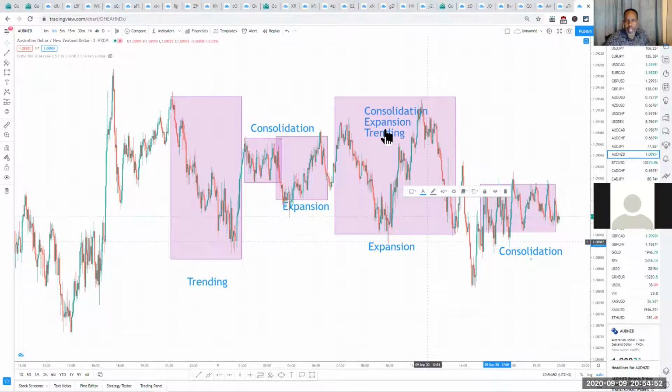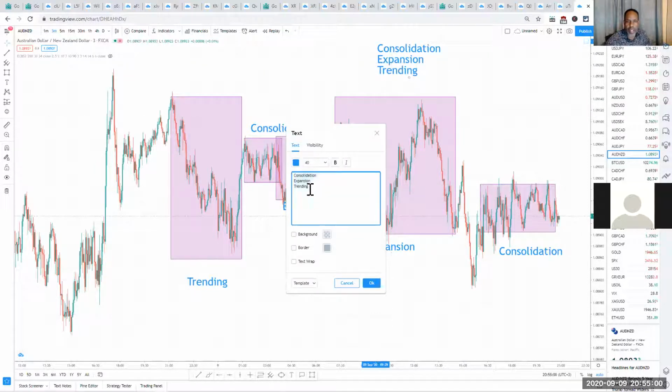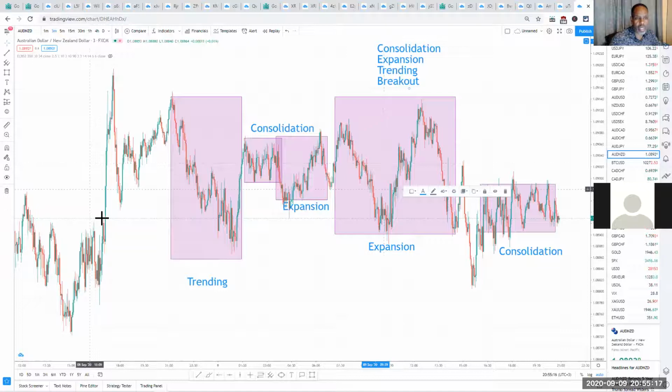Now there is another aspect that I need to add here. Just for your information, there is a breakout. Okay, there is a breakout. Now this is a breakout. Okay, let me get that one going. So that is a breakout.